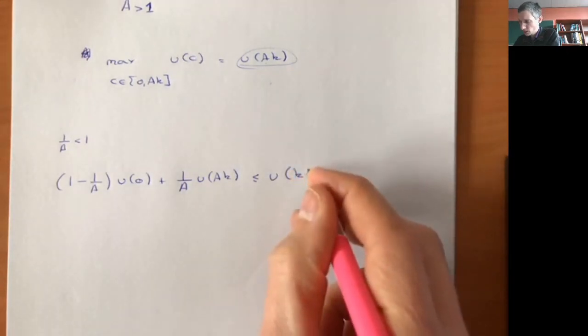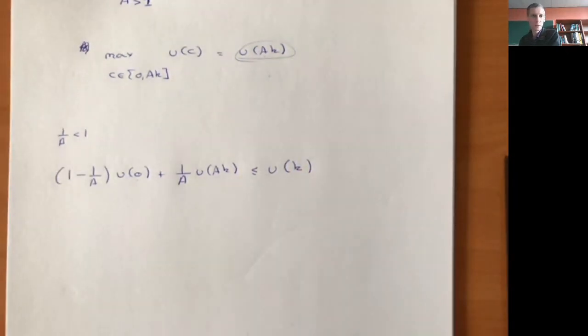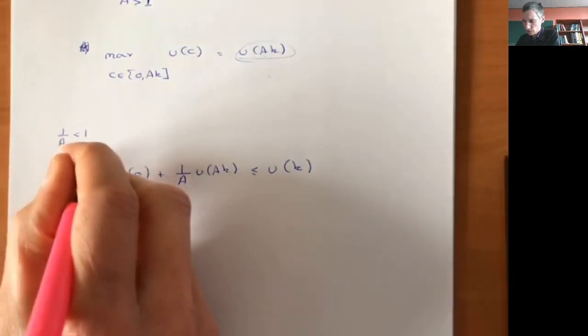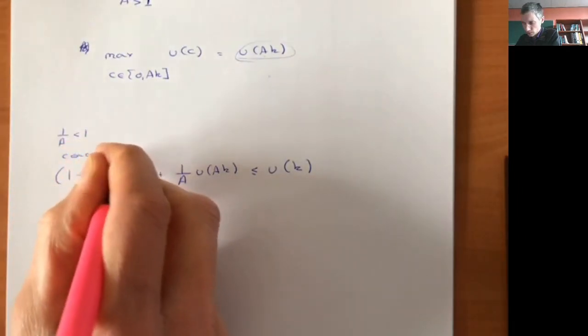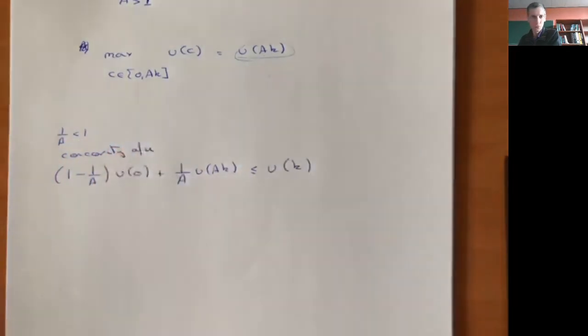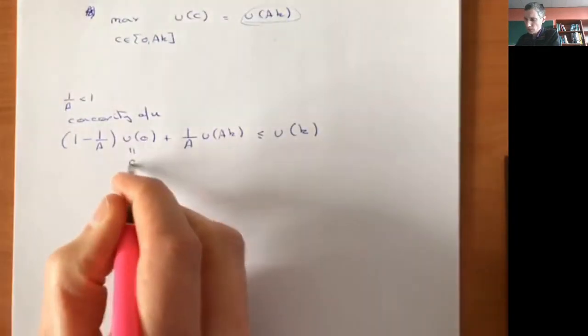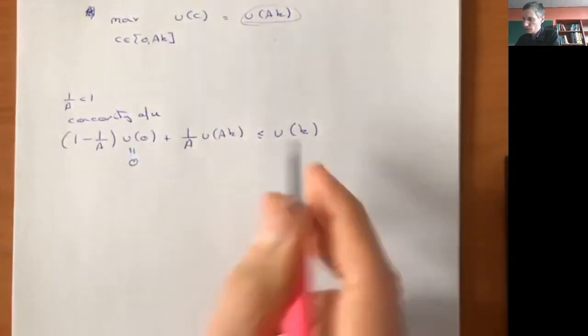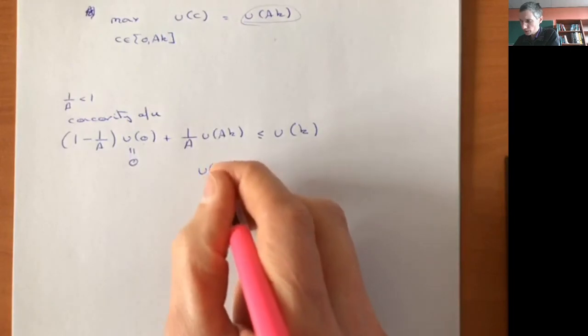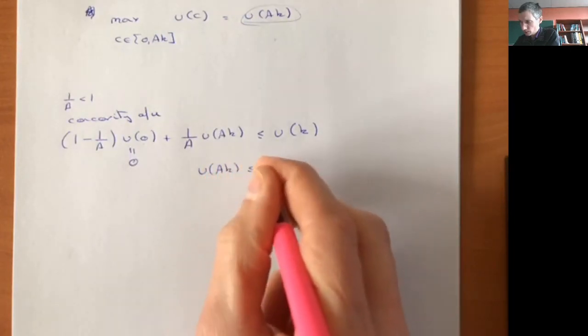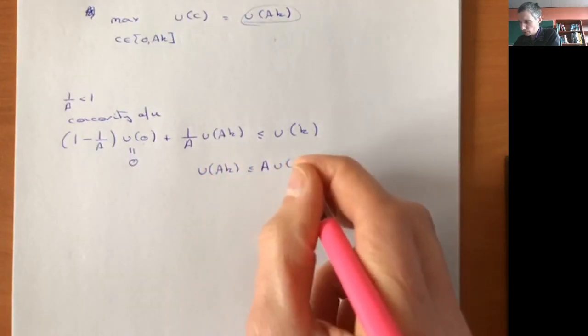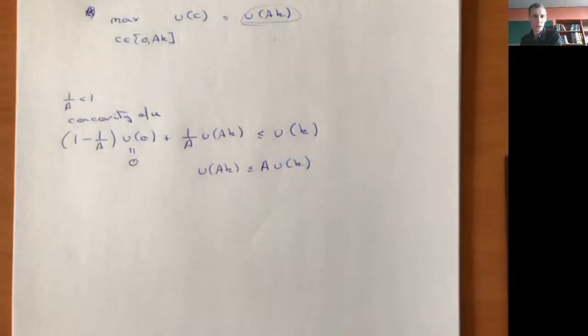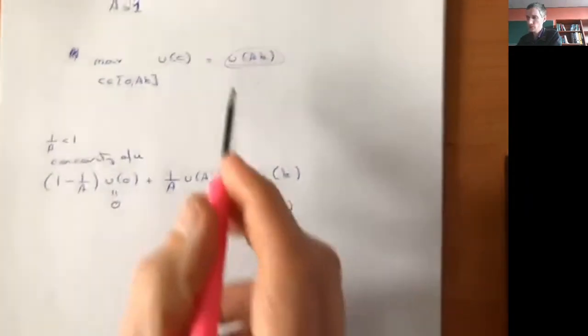So this is less or equal to u of k. This follows by concavity of u, and of course by assumption u(0) is equal to 0. So if we rewrite this, we get that u of ak is less or equal to a times u of k.